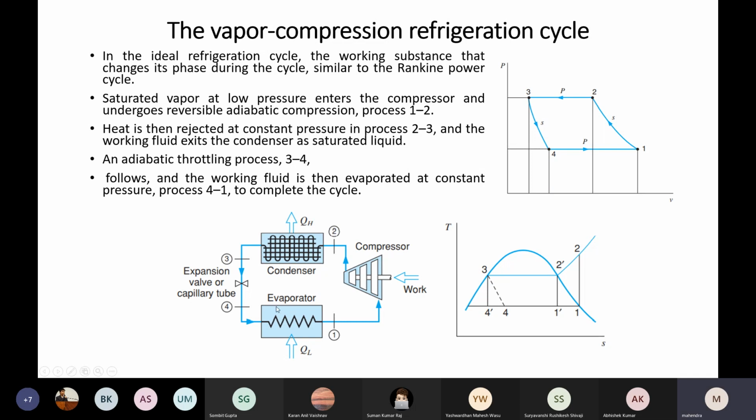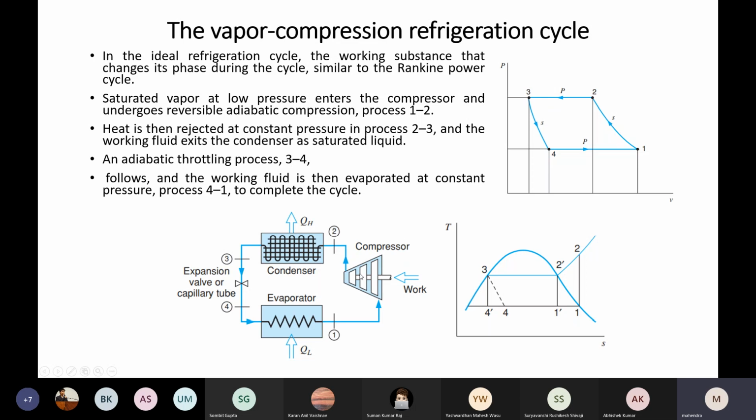See here, nothing different from your Rankine cycle. This is also isentropic compression, this is constant pressure heat rejection, this is isentropic expansion, and this is constant pressure heat addition.